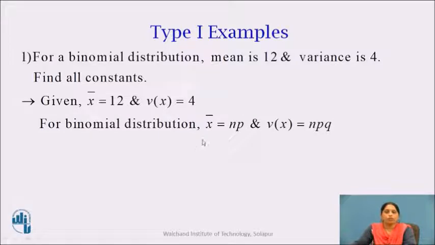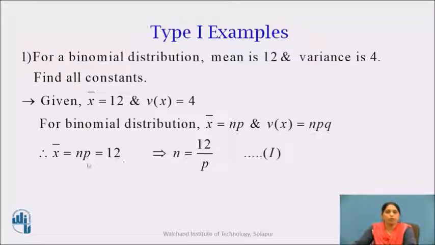For the binomial distribution, we know that mean is equal to np and variance of x is equal to npq. The mean is np and its value is given as 12. So, using this formula, we can find the value of n, which is obtained by dividing 12 by p. Therefore, we get n equals 12 by p and we will call it equation number 1.